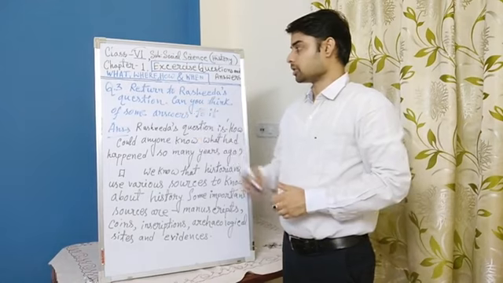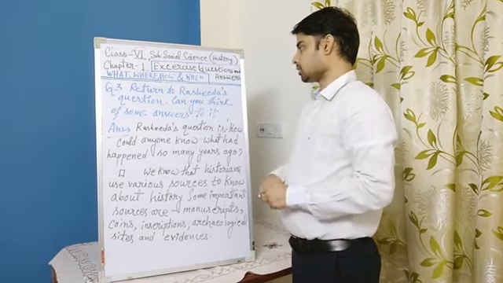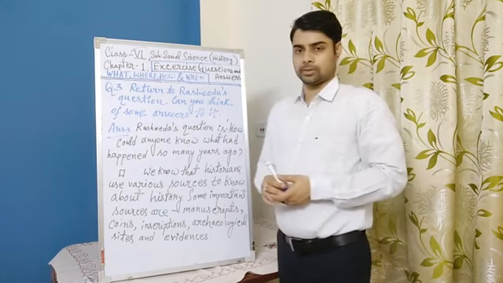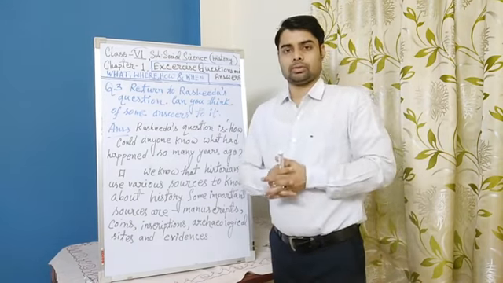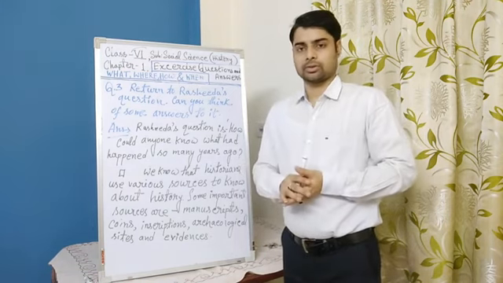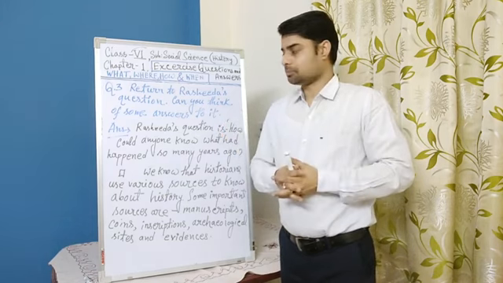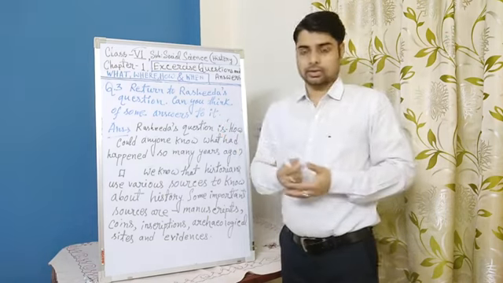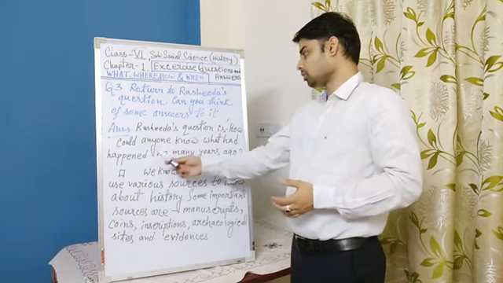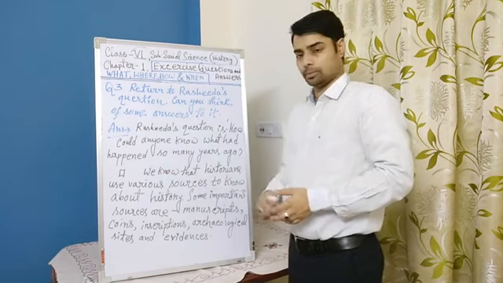Okay, now question number 3. Question number 3 is: return to Rashida's question. Can you think of some answers to it? In the beginning of the chapter, there are some questions given and one girl's picture was there, named Rashida. Rashida's question is, how could anyone know what had happened so many years ago?